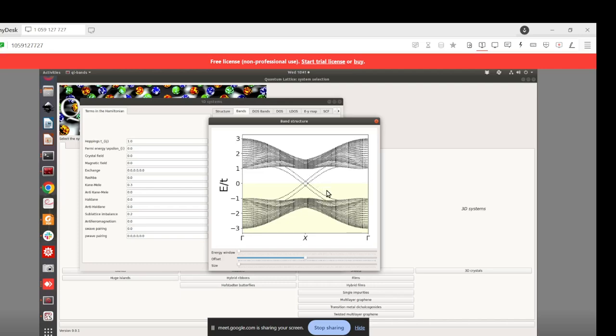Okay, so another spin orbit coupling can be, so this is Kane-Mele type spin orbit coupling, which is intrinsic to the system of graphene. Although intrinsic spin orbit coupling in graphene is extremely small, of the order of micro electron volt, this has to be contrasted with the band structure of graphene, which is of the order of eV, or let's say meV if you are around the Dirac point.